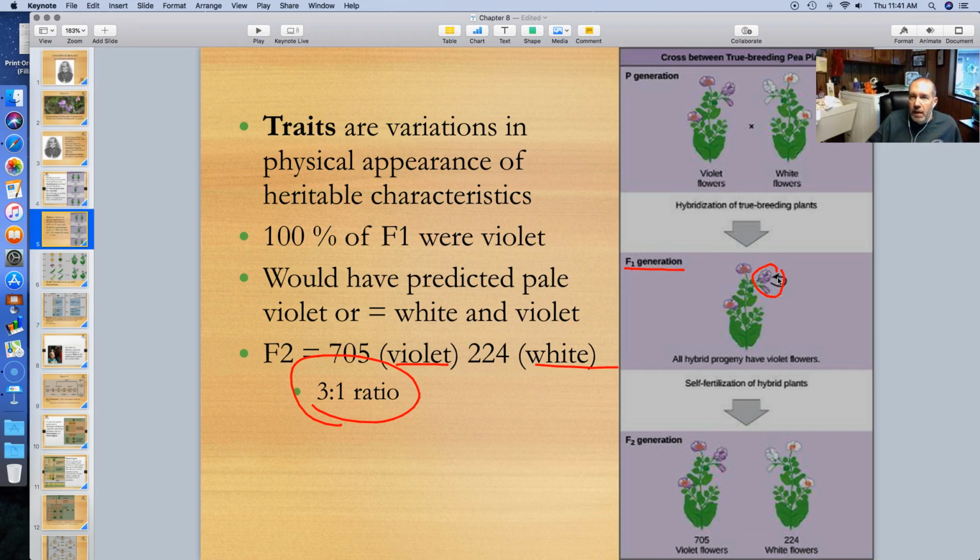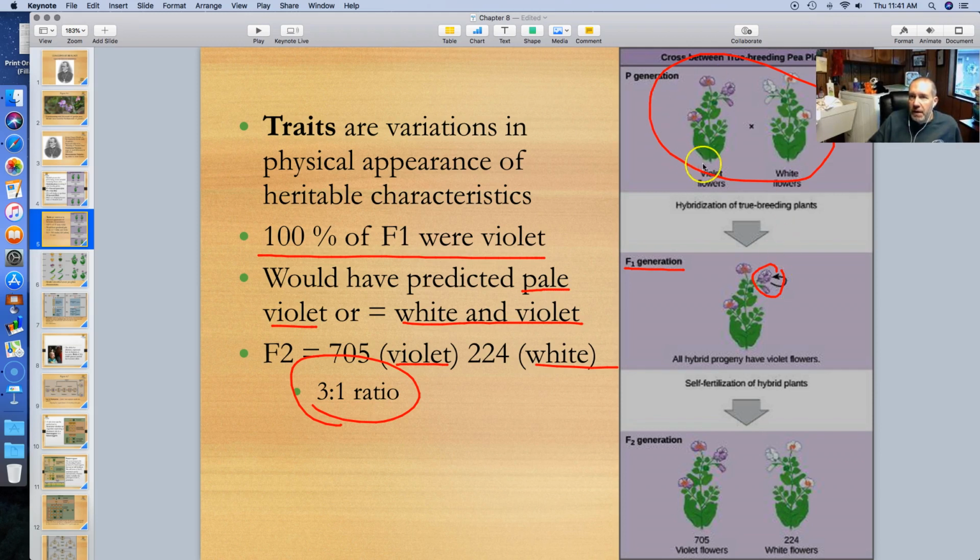And remember that if we believed what a lot of people believed back then, that if you breed a violet colored plant to a white colored plant, you would have predicted that there would have been some sort of intermediate color, like a pale violet color, or maybe even an equal proportion of violet and white. But what happened instead is that 100% of that F1 generation were violet colored.